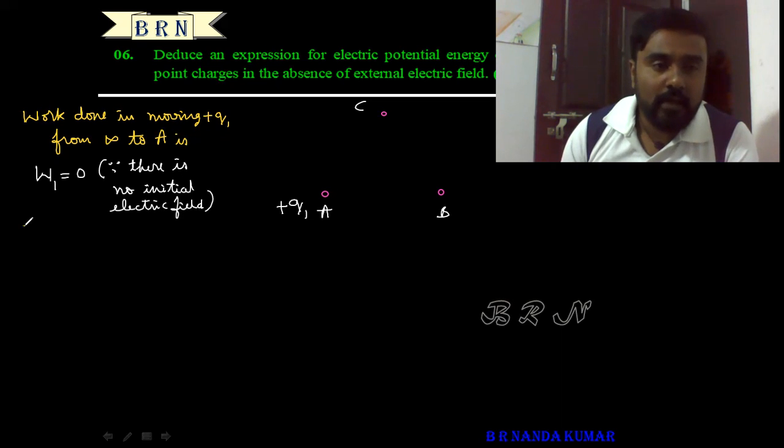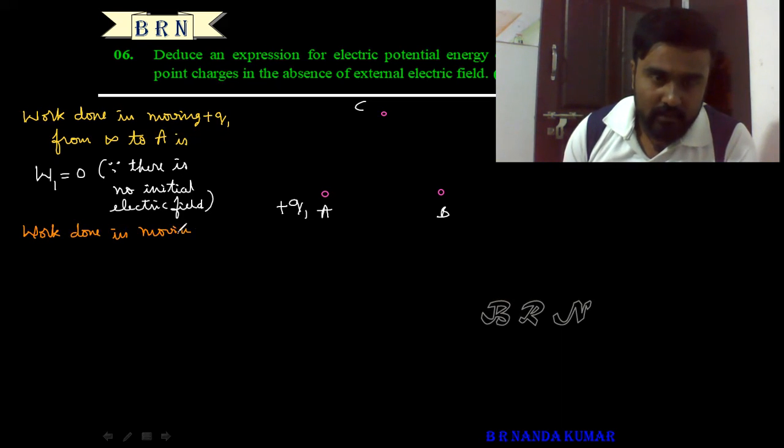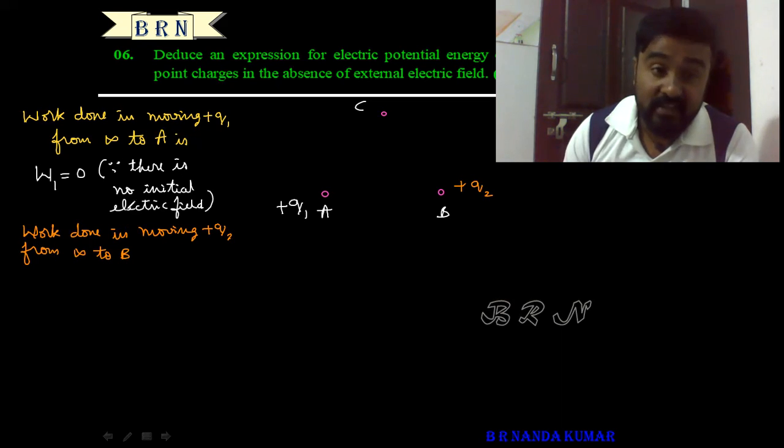And then work done in moving plus Q2 charge from infinity to point B. Now work has to be done against the electric field produced by Q1 charge. That is measured by taking the product of electric potential at B due to Q1 charge and the moving charge Q2.